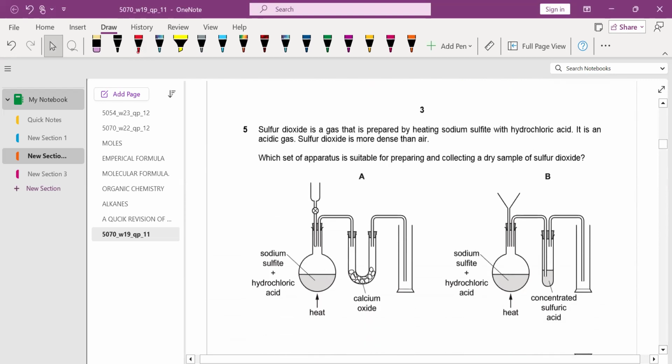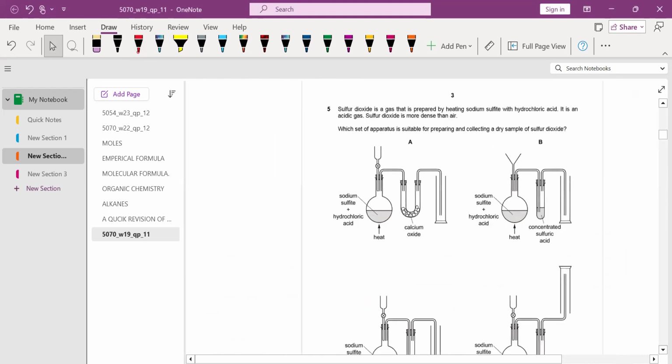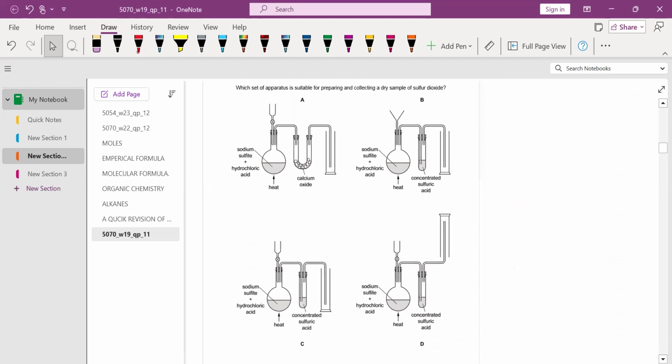Question number 5. Let me zoom it out. Which apparatus is suitable for preparing and collecting a dry sample of sulfur dioxide? Okay, so let's look at option A. You can see that the delivery tube isn't reaching till here, so option A is incorrect.